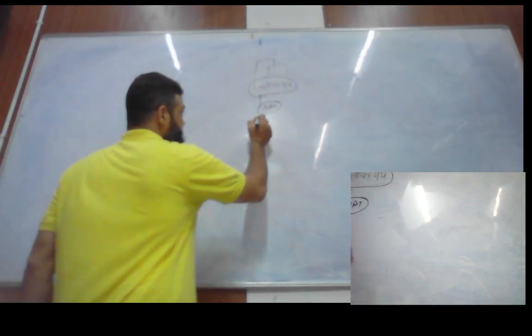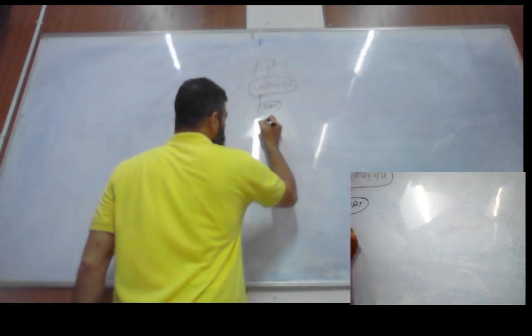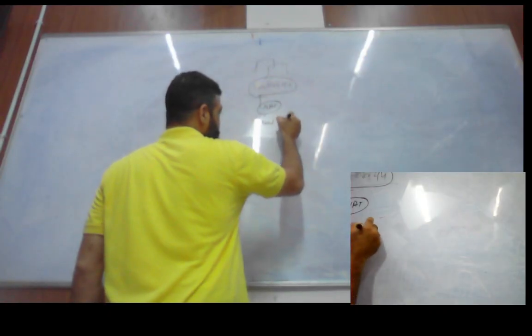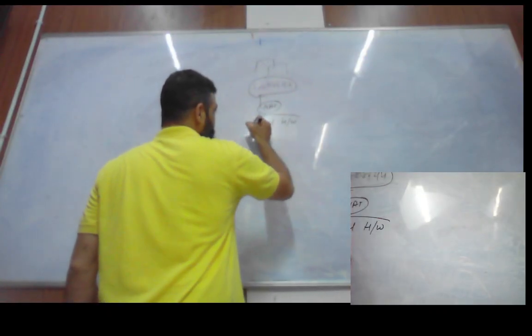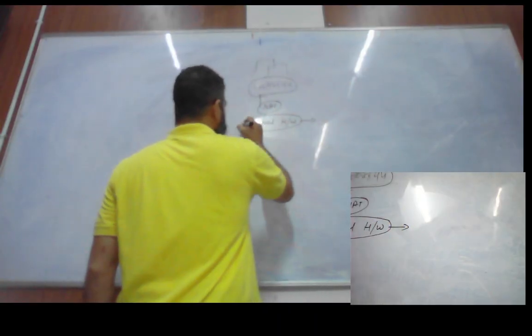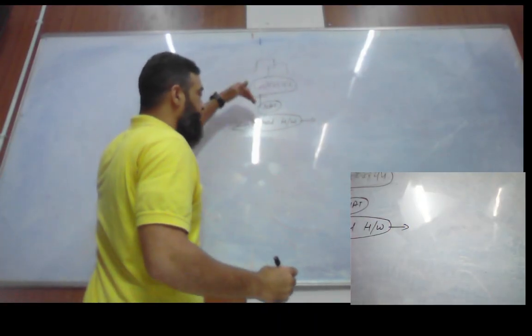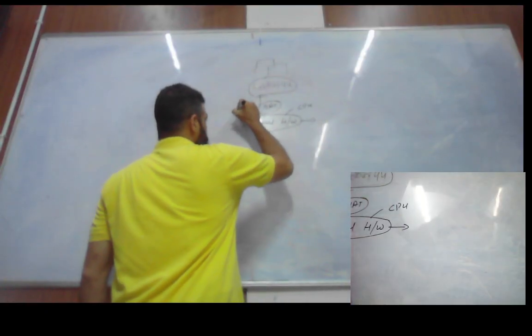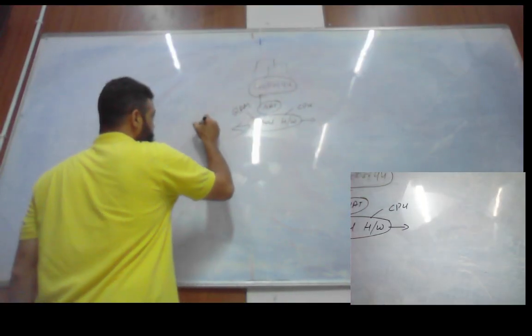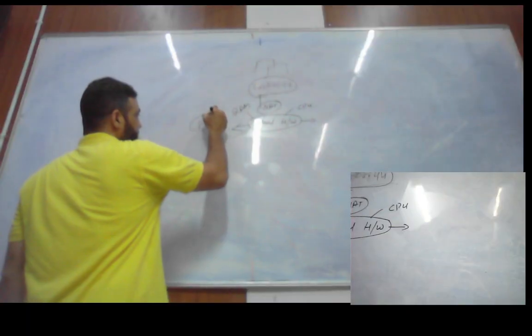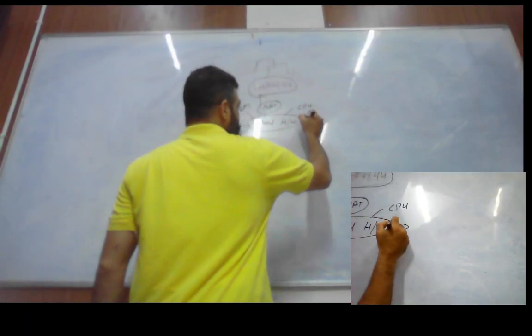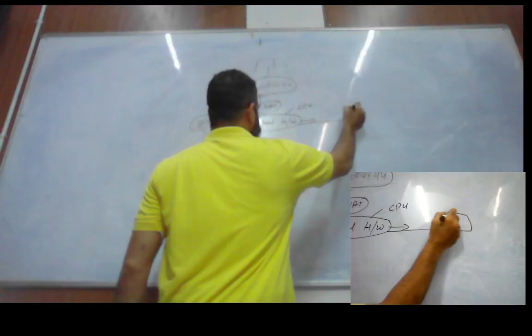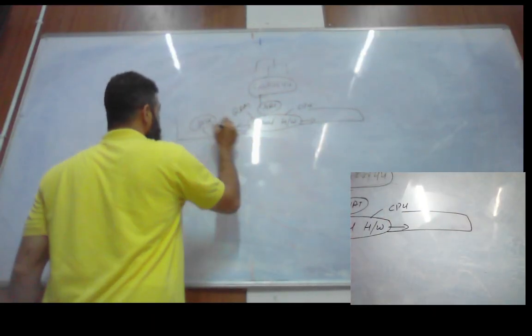So here you will have virtual hardware. All your physical devices, however many you have connected, will show here. Your CPU, your RAM, then your disk. All of it will be attached to the virtual hardware. This is your virtual hardware.